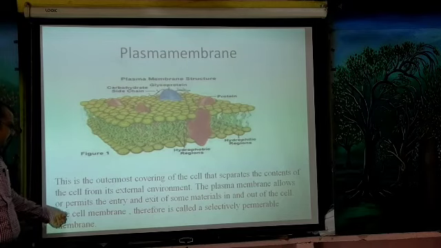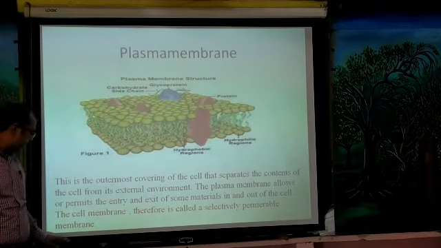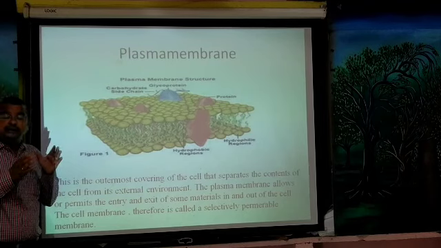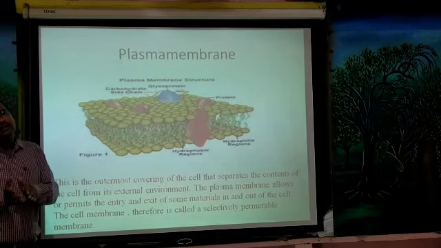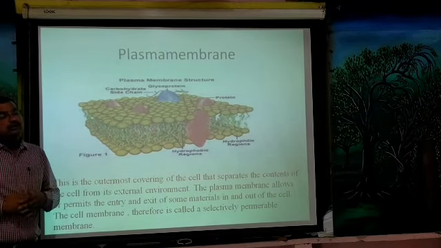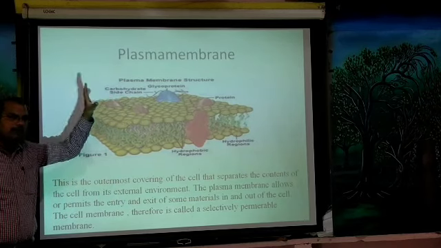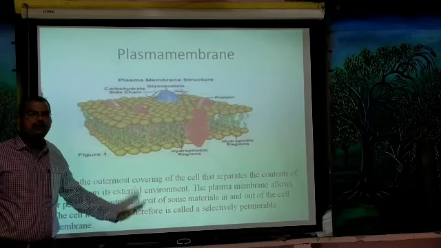Therefore, the cell membrane is called a selectively permeable membrane, because it selects the materials entering or exiting the cell.